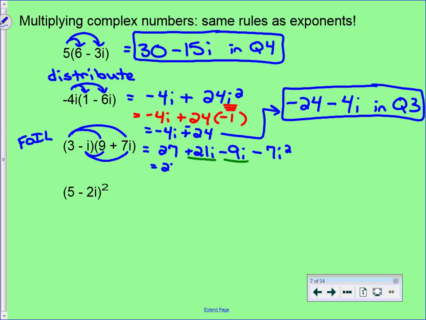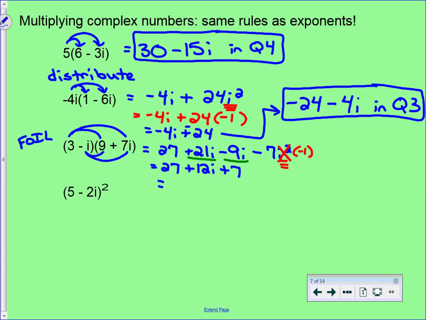So we have a 27. That's just going to stay in front right now. And when we combine these i's, we are going to end up with a +12i. And you'll notice here that we have another i squared in this problem. So if we get rid of that and multiply by a -1, we are actually going to end up with a +7 at the very end of that.